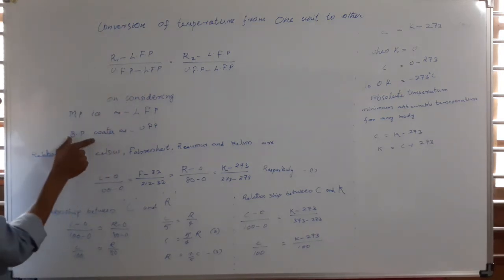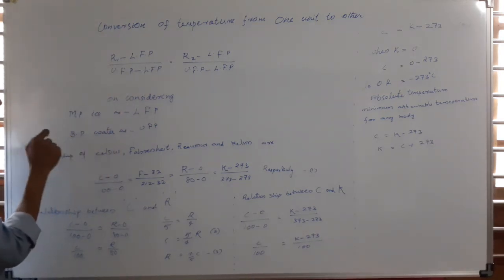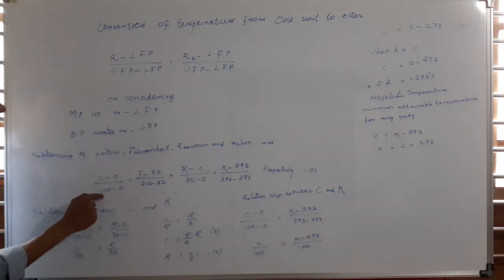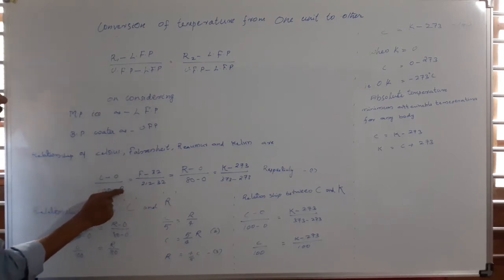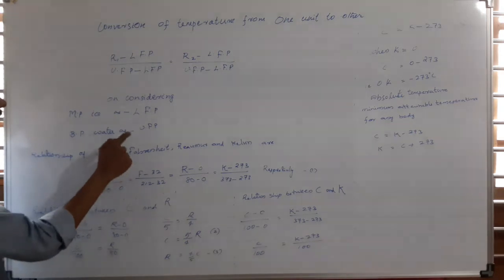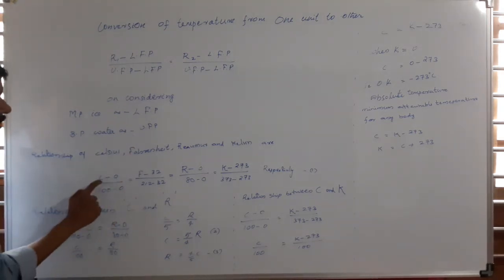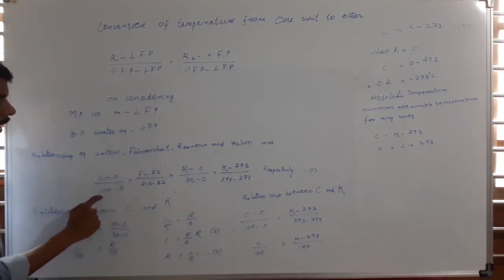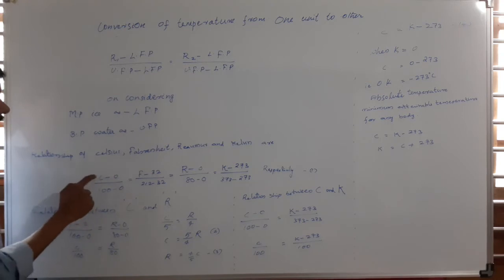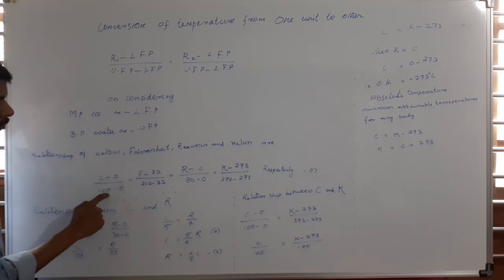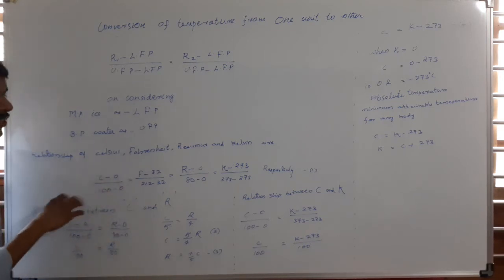UFP we have already considered as the boiling point, and the boiling point of water in the Celsius scale is 100 degrees Celsius. So (C minus 0) divided by (100 minus 0), that is, the reading minus LFP divided by UFP minus LFP in the Celsius scale.